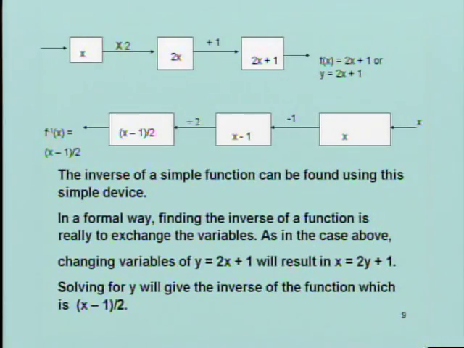In a formal way, finding the inverse of a function is really to exchange the variables. As in the case above, changing the variables of y equal to 2x plus 1 will result in x is equal to 2y plus 1. That is, exchanging x for y.